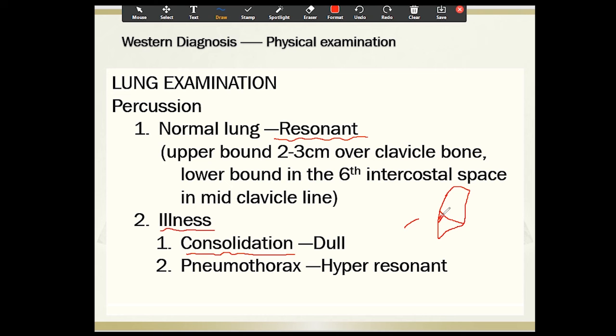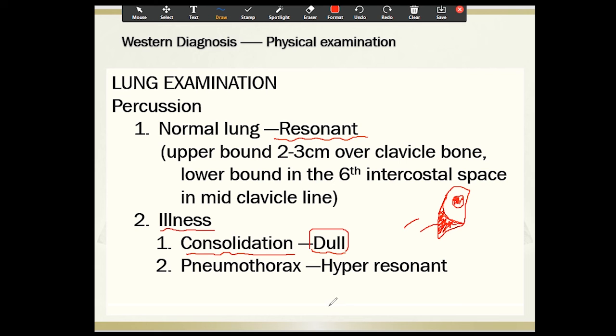But for some illness, maybe some liquid goes to the pleural cavity and pushes the lung, making it shrink or collapse. In that condition, the water makes it go to a dull sound. Or maybe in some part of the lung there is a tumor or cancer, the sound will change to dull.